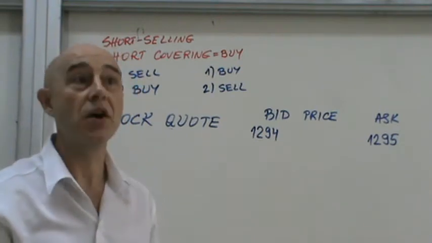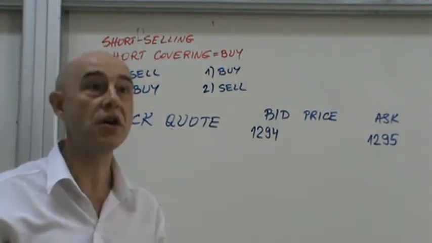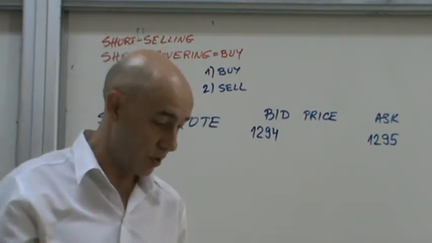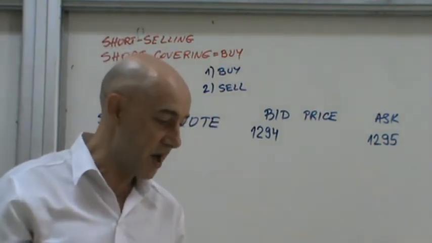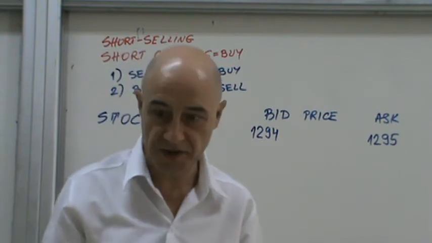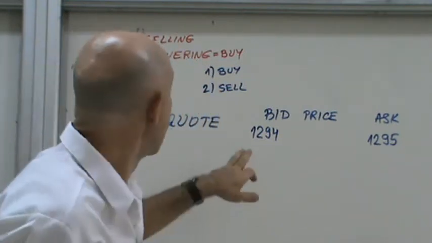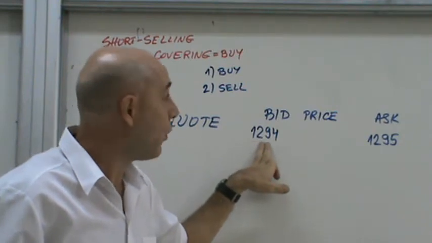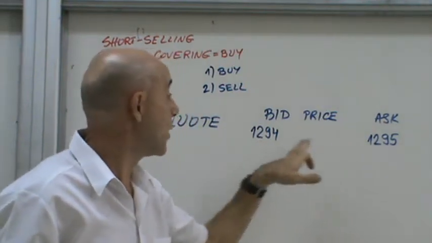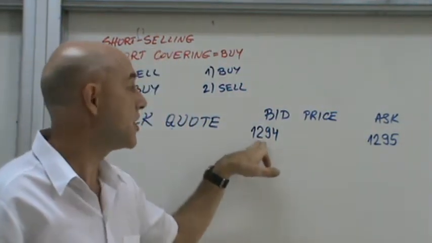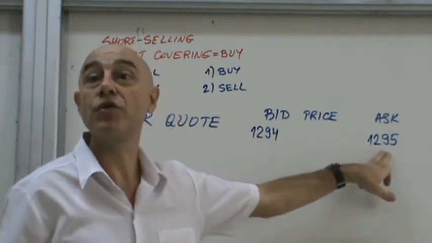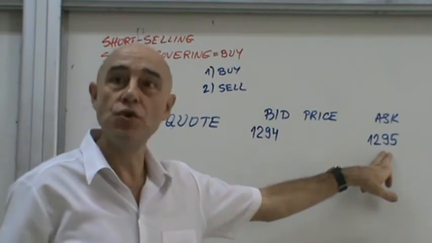Okay, so that's a simple stock. Well, in this particular case, I'm using gold. But I can come up with some other. I have here copper, I have here something else. So they offer $1.94 and $1.95. You want to sell, they will give you $12.94. You want to buy, you can buy for $12.95.